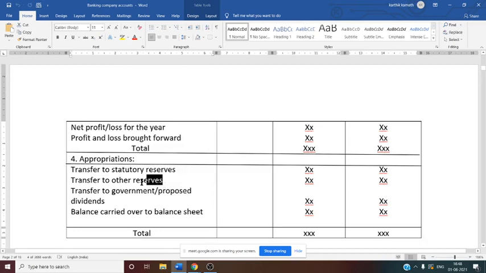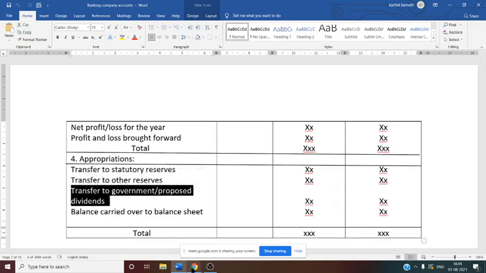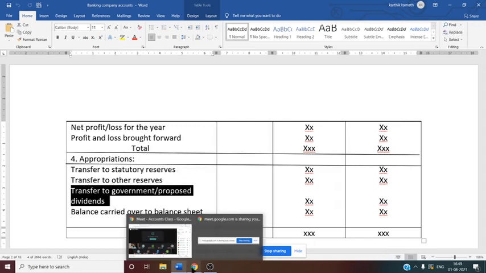Then transfer to other reserve. Other reserve usually they won't give you in the problem, and it is not mentioned in any problem I have seen. If any other special reserves are created, then you have to give the transfer to that special reserve, and that amount you can write under other reserve. Then transfer to government or proposed dividend. Sometimes they give proposed dividend information in the adjustment.